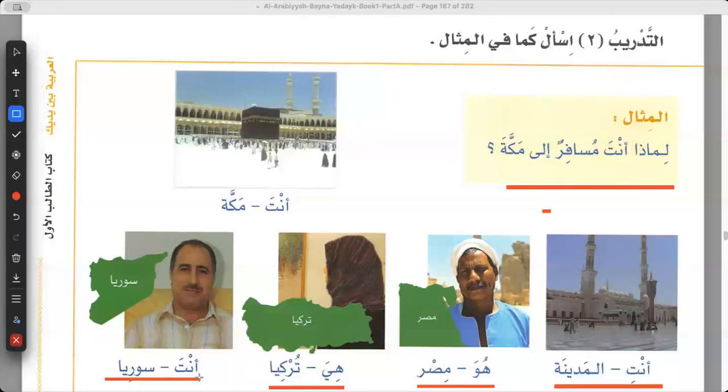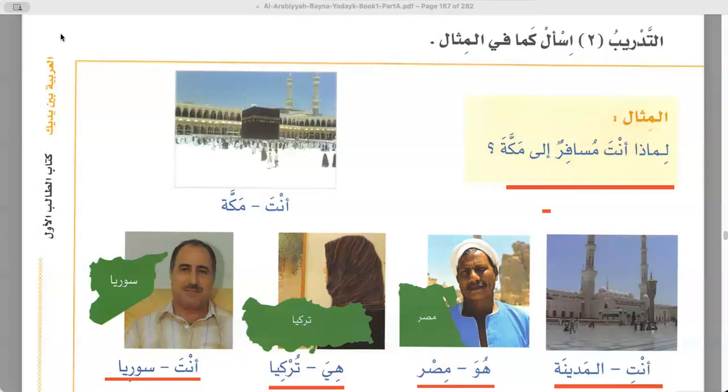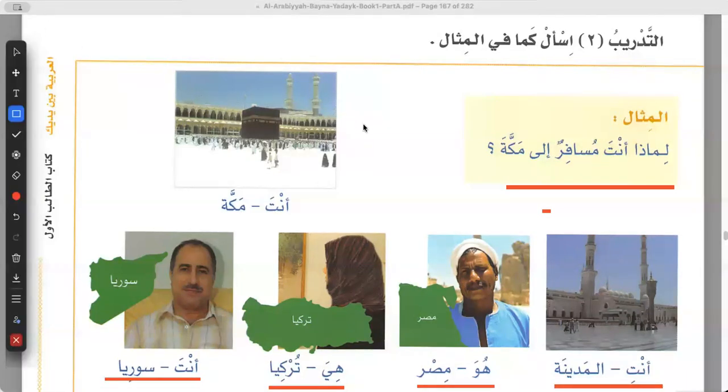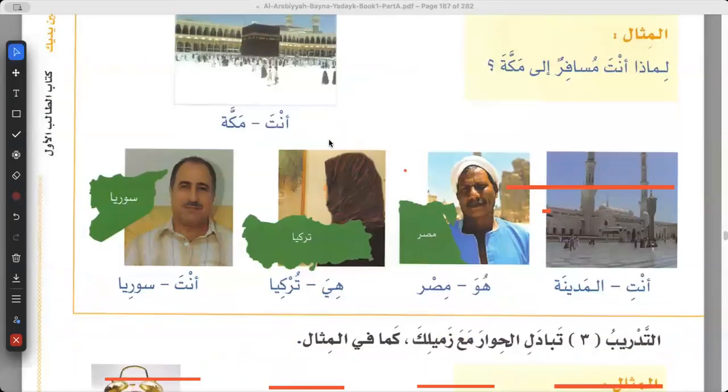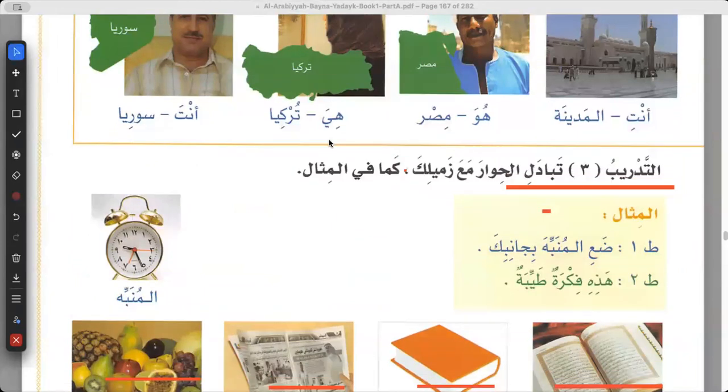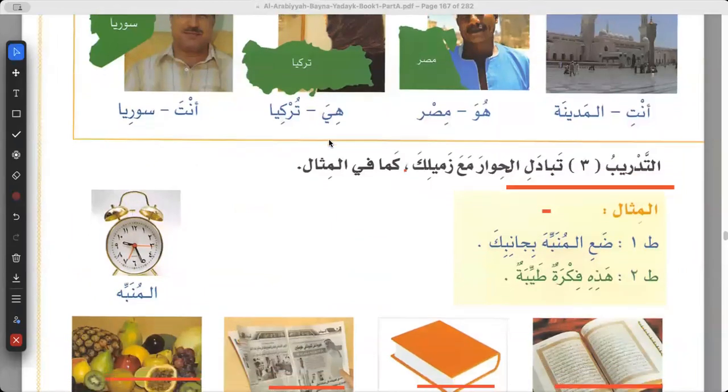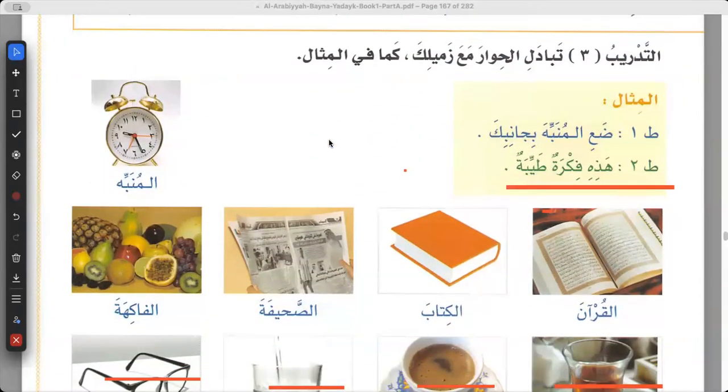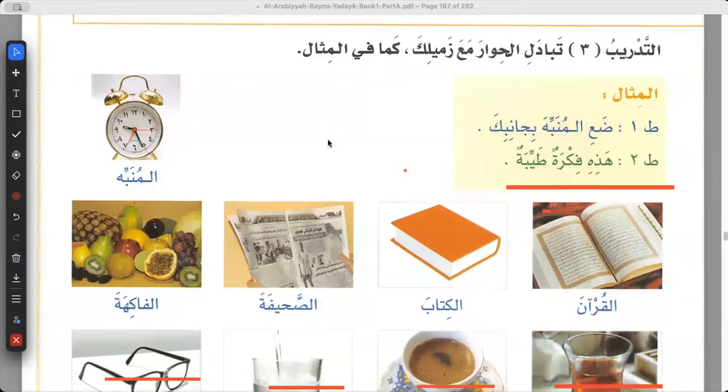Now let's move to the next one. التدريب الثالث. تبادل الحوار مع زميلك كما في المثال. You have al-munabbih in the example: ضع المنبه بجانبك.